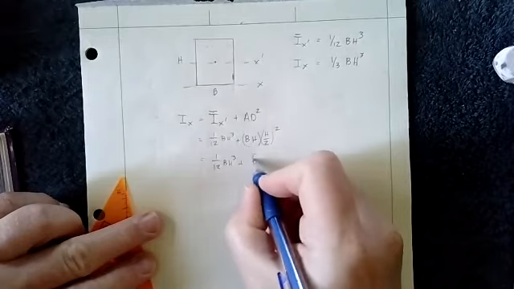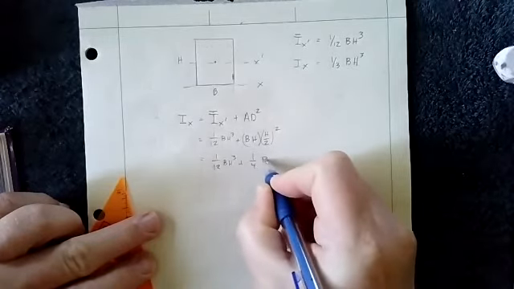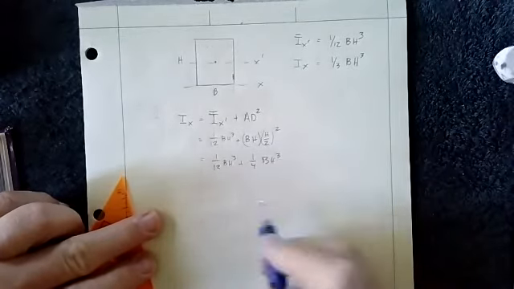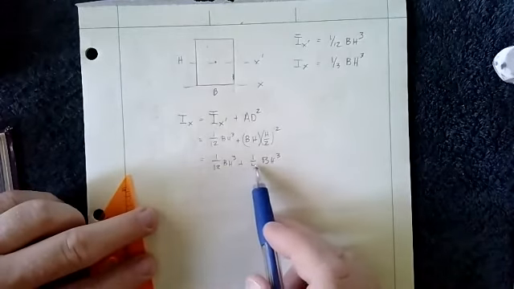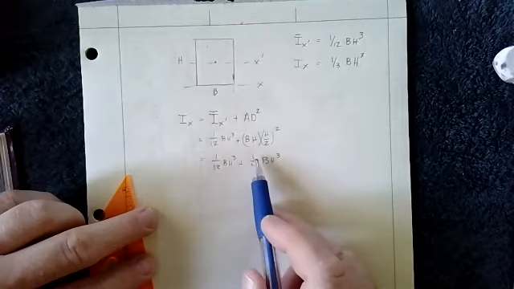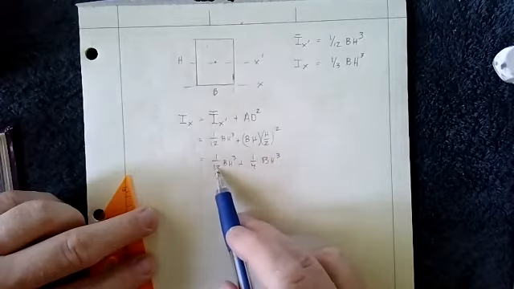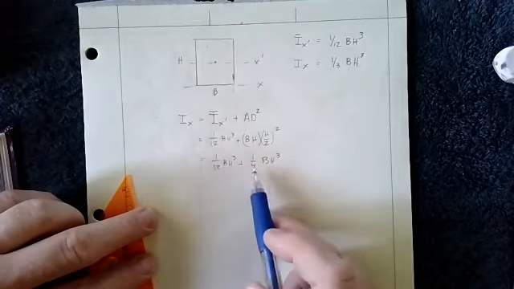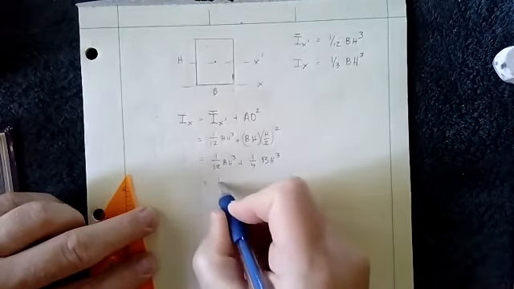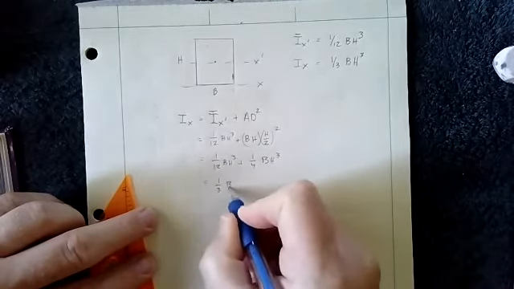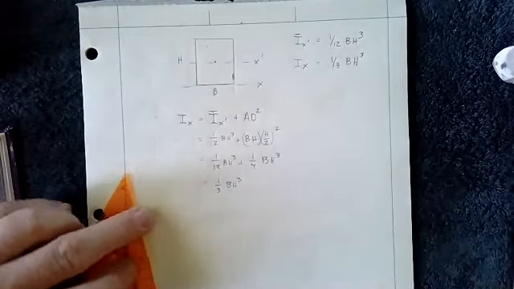This is going to be 1/4 BH cubed. So if I convert this, it's 3/12 plus 1/12, which is 4/12. What is 4/12? It's 1/3. So that's where I get the 1/3 BH cubed.